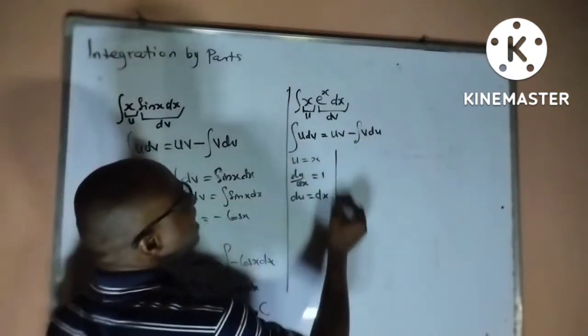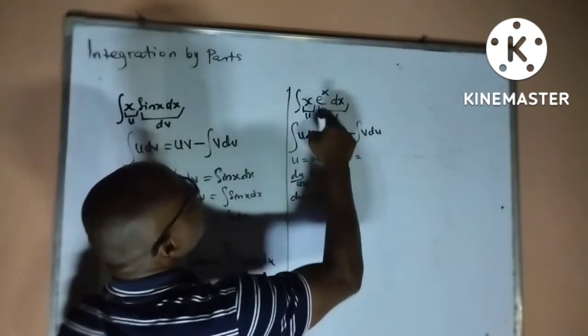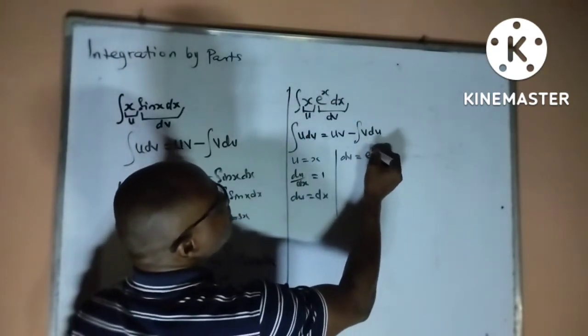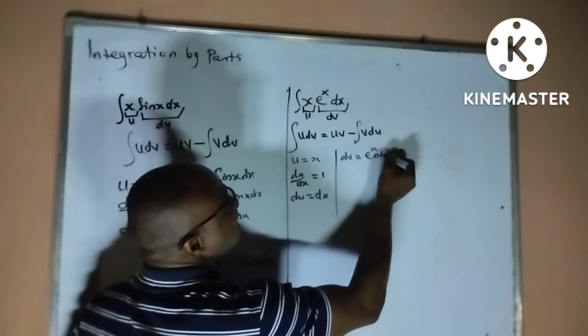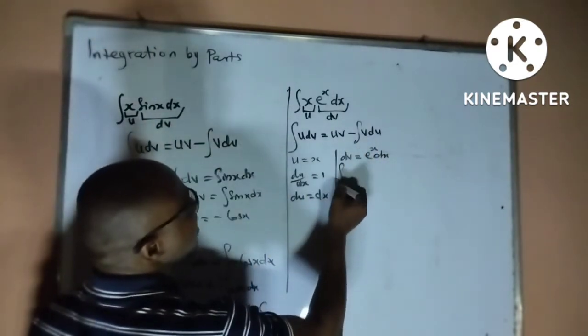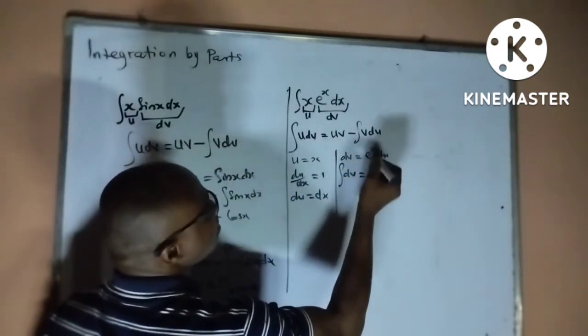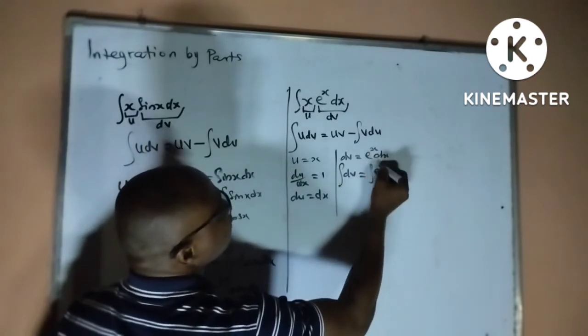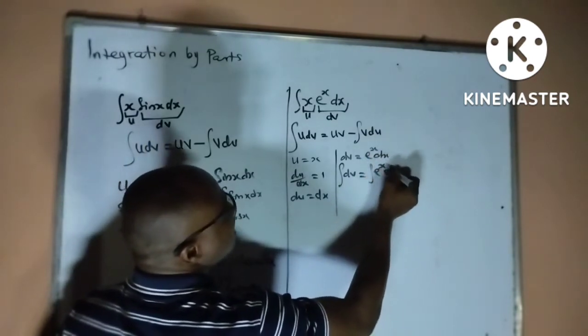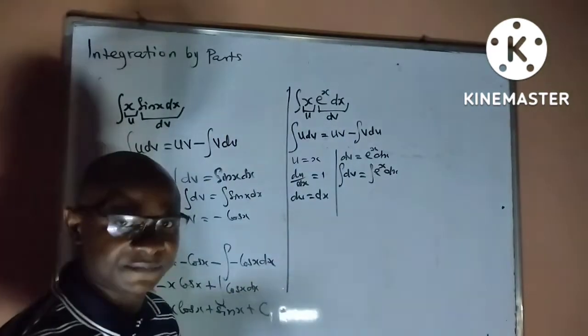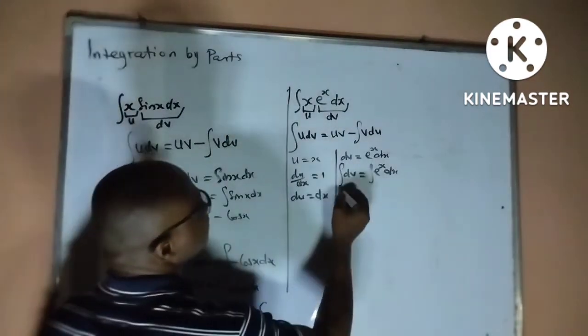Also, my dv is equal to e raised to power x dx, meaning that the integral of dv is equal to the integral of e raised to power x dx. When I integrate dv, I will get v.